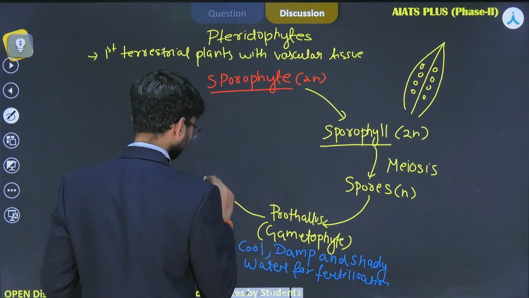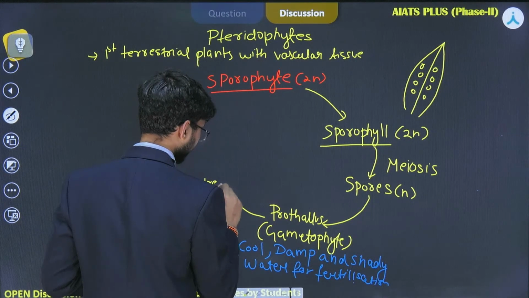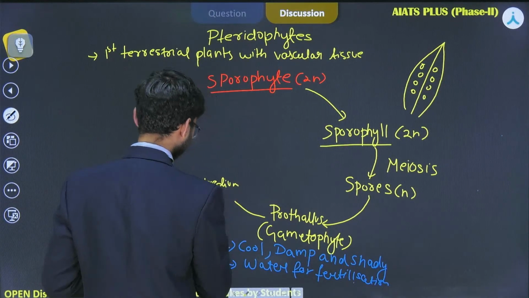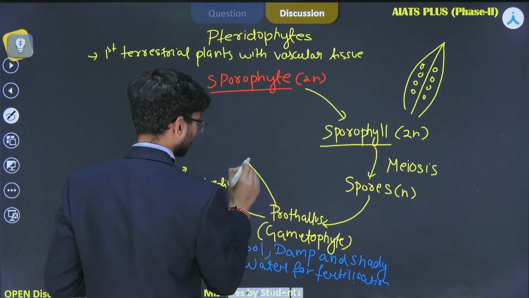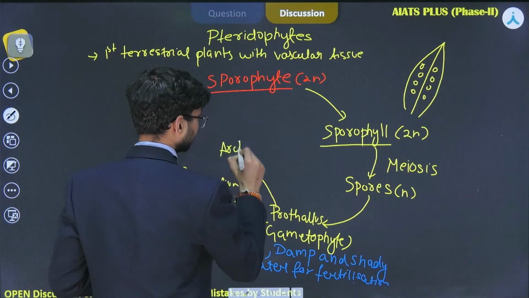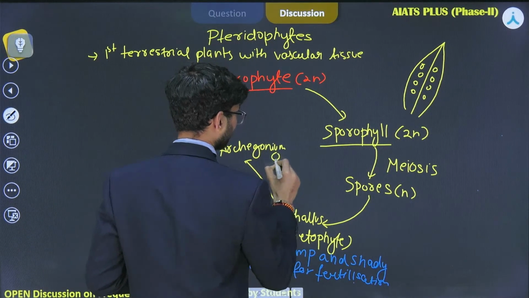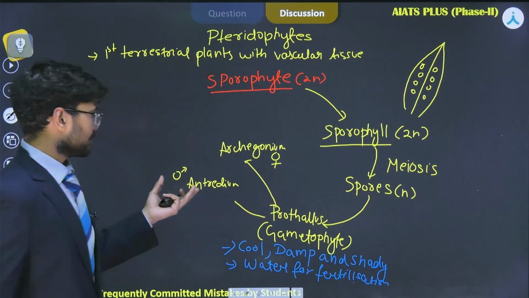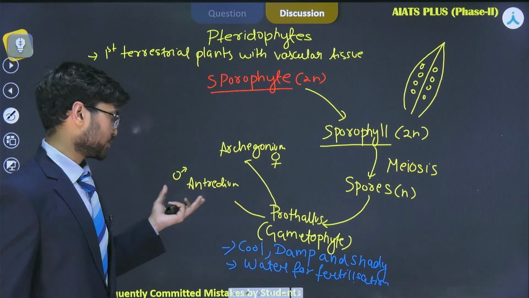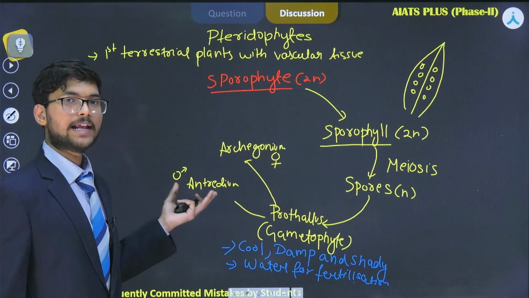So here antheridium is male and archegonia is female. Now the antheridium will form antherozoids, or male gametes, which are flagellated.